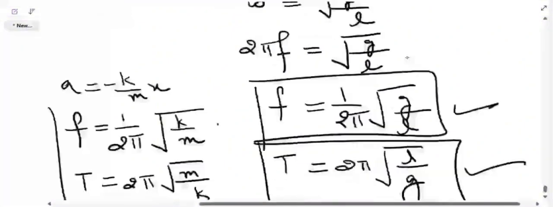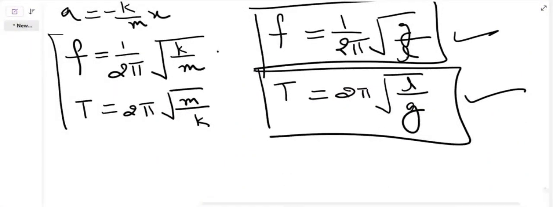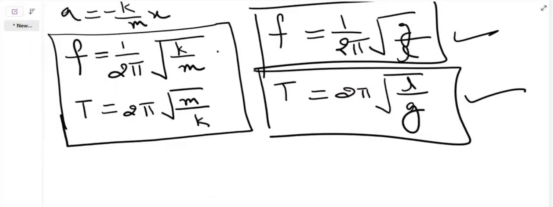Okay. So this is all about SHM. Any equation can come, Akshita. Okay, ma'am. You just have to be aware of what is being asked. x equals x naught sine omega t is your exact equation.